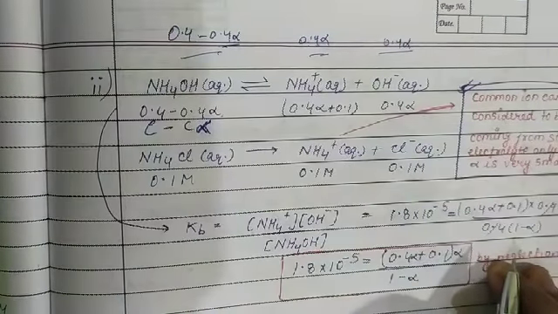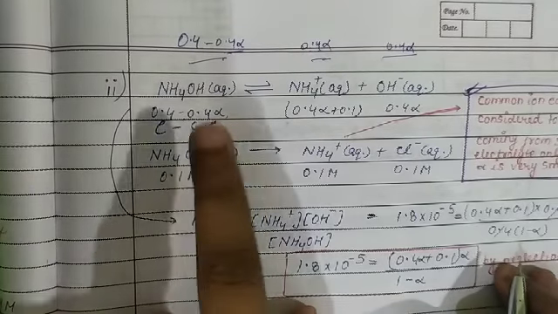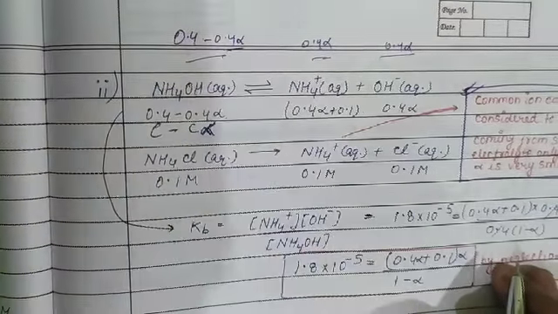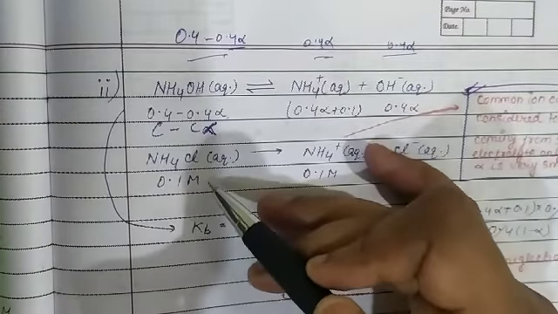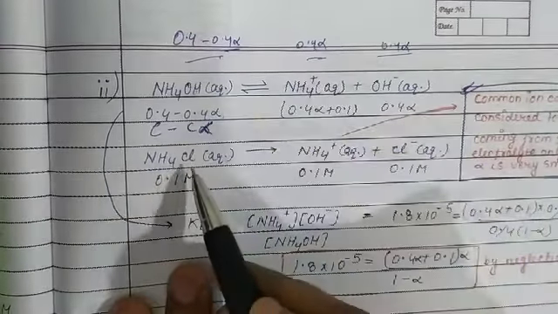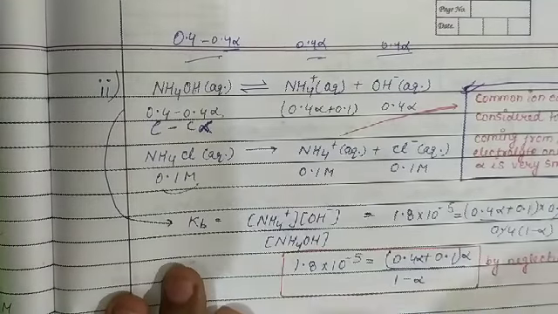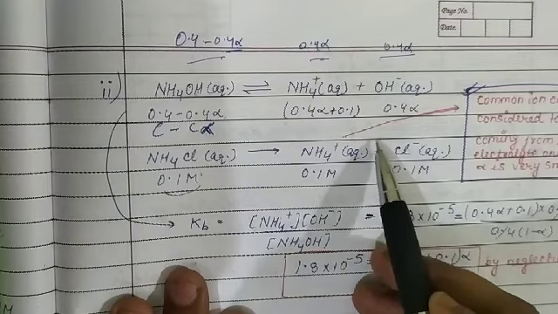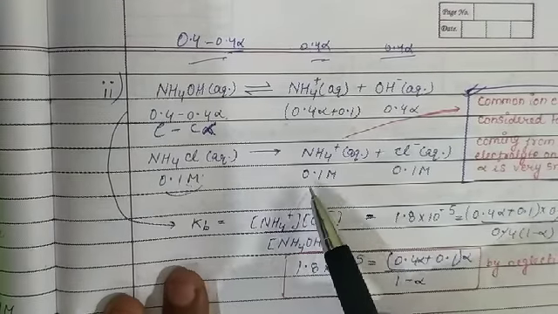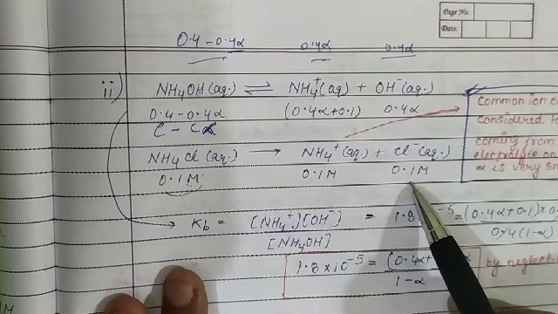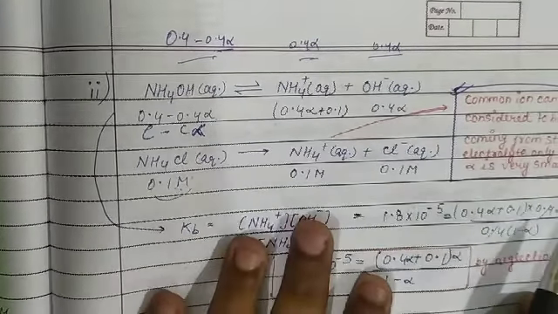But when NH4Cl, a strong electrolyte, is added to a weak electrolyte, the degree of dissociation of the weak electrolyte will decrease according to the common ion effect. The strong electrolyte concentration is 0.1. As we know, a strong electrolyte is 100% dissociated, so 0.1 on dissociation gives 0.1.